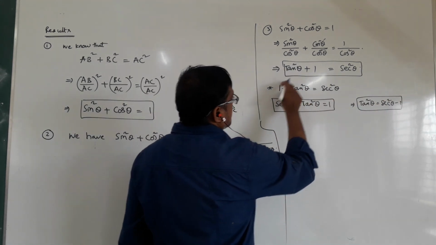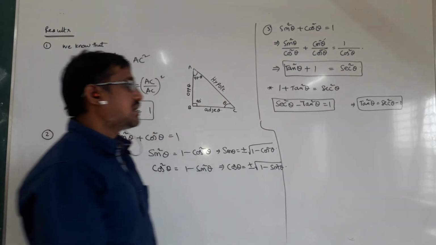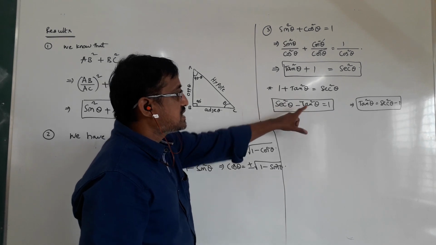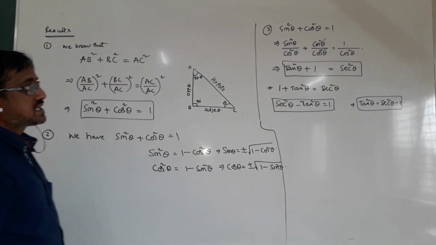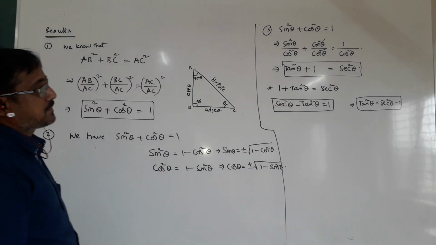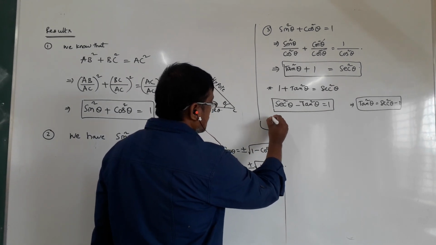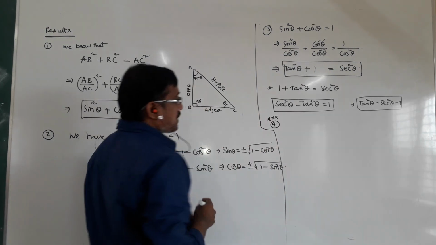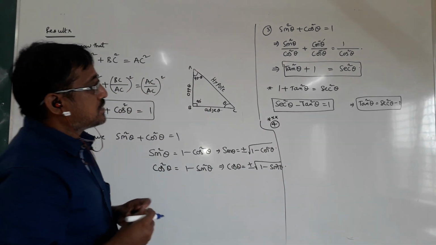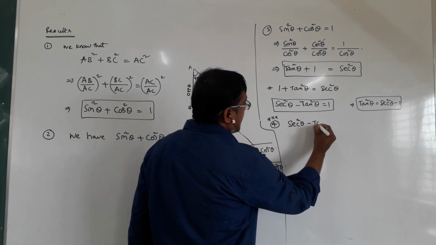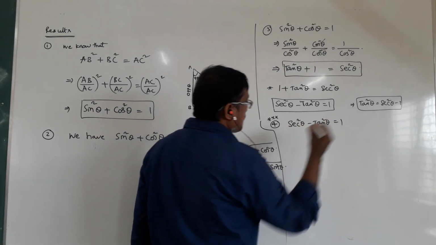And another formula is secant square theta minus tan square theta is equal to 1. Now remember, this is very important for solving objective problems also.